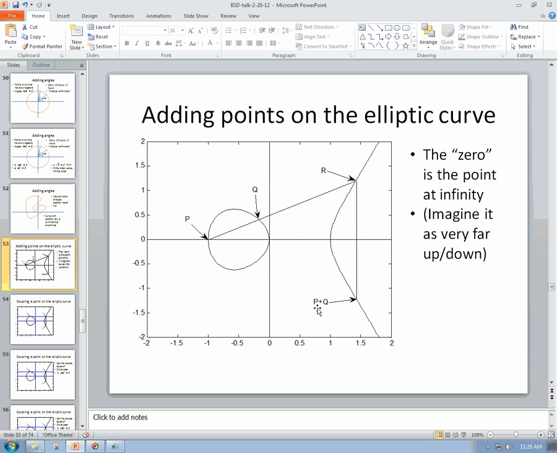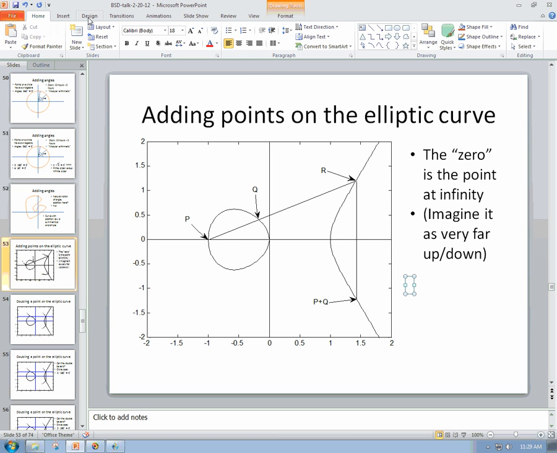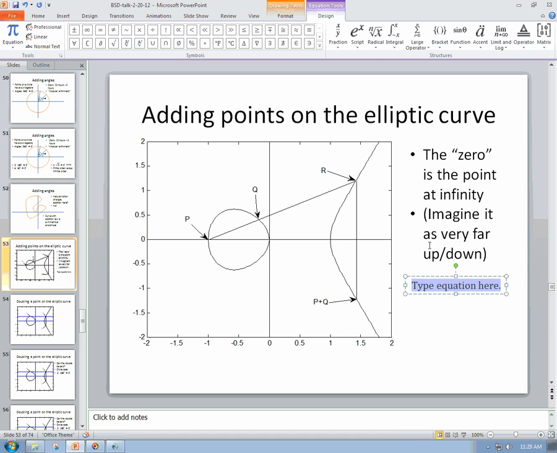So there's a lot one can say about why this is the right definition. One thing that you'd want to check is, for example, I want P plus Q to be equal to Q plus P. Well, that's pretty obvious from this definition because the line is the same whether you say it's determined by P and Q or Q and P. A trickier thing is, let me just insert this real quick, we would like to say that if I take P plus Q and then plus R, that had better be the same as P plus Q plus R. That would be very nice.